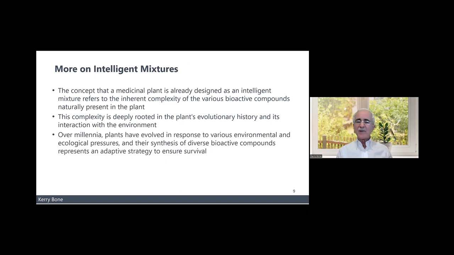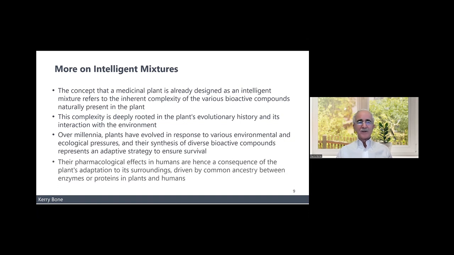Specifically, over millennia, plants have evolved in response to various environmental and ecological pressures. Their synthesis of diverse bioactive compounds, pretty well always as secondary metabolites, we call them, represents an adaptive strategy to ensure survival. So the pharmacological effects of plants in humans and animals as well are hence a consequence of the plant's adaptation to its surroundings.